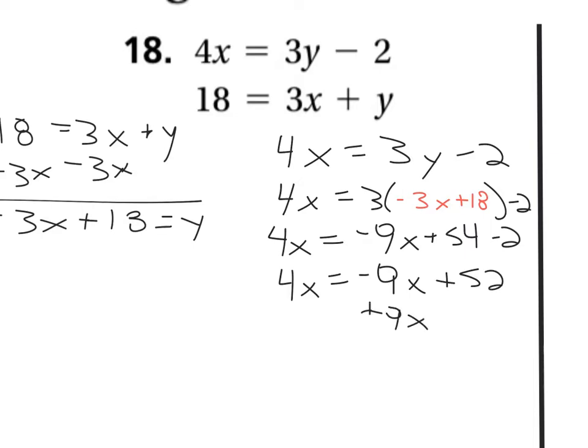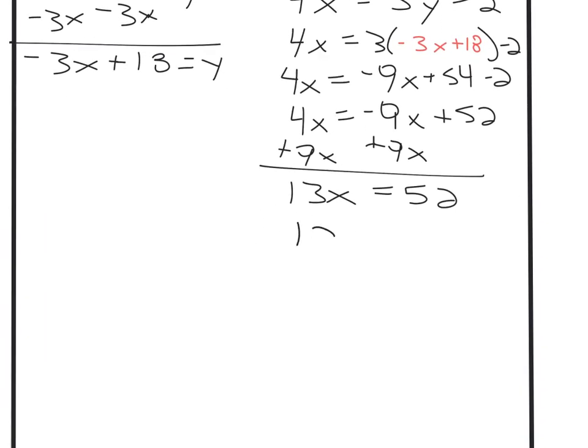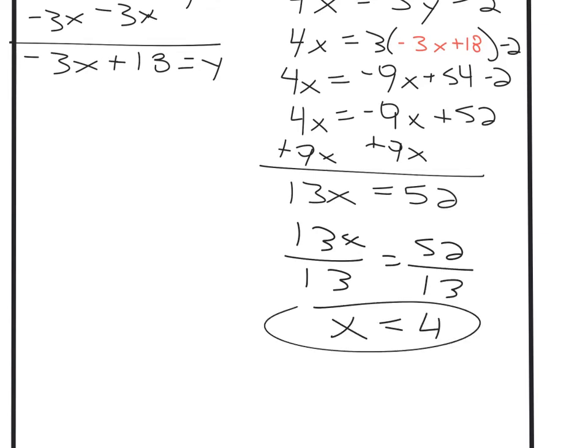Now I'm going to add 9x to both sides and I get 13x equals 52, and 13x divided by 13 equals 52 divided by 13, and x equals 4. Aha! We've solved for x.